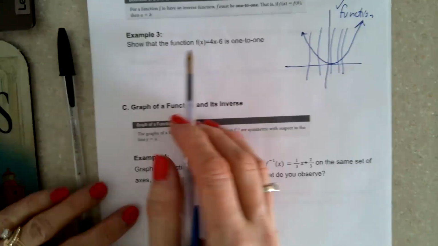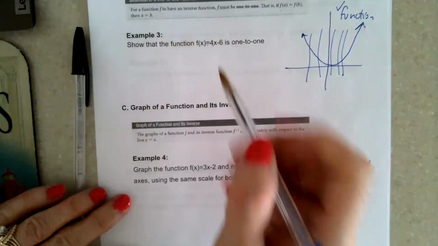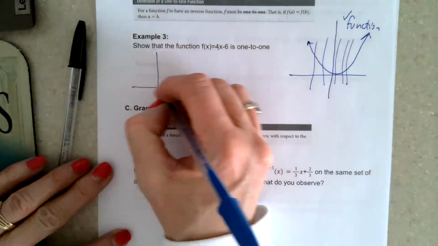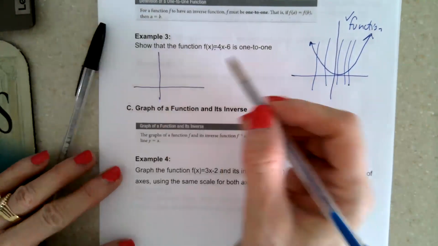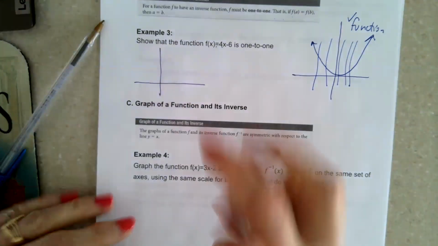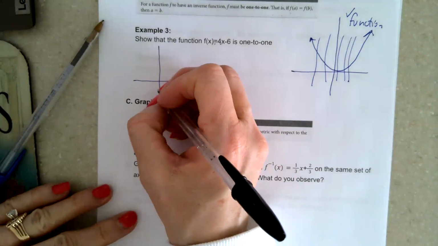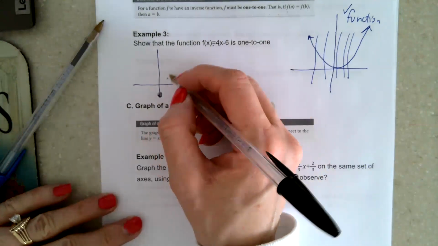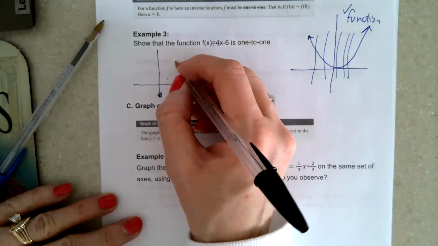So to show that 4x minus 6 is 1-to-1, we could graph it. And because it's linear, we can graph it fairly easily. So I could say that my y-intercept here is negative 6, and then it's growing over 1 and up 4. So it's growing quickly here.